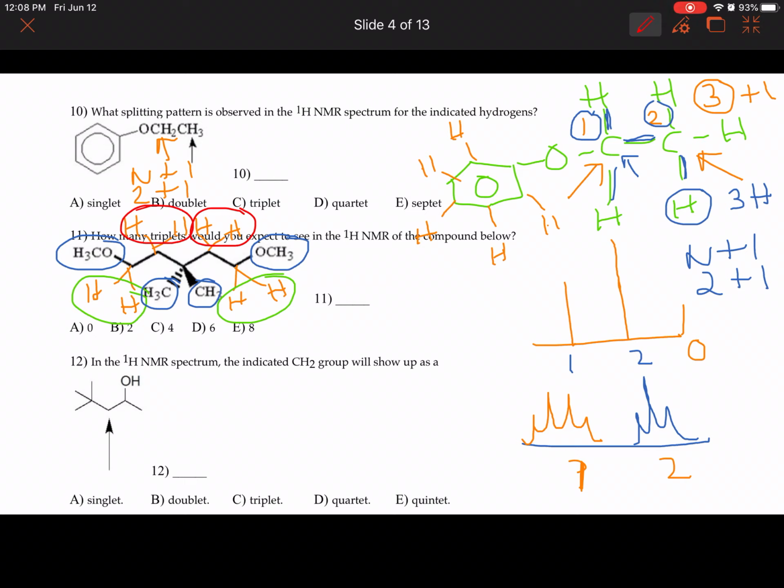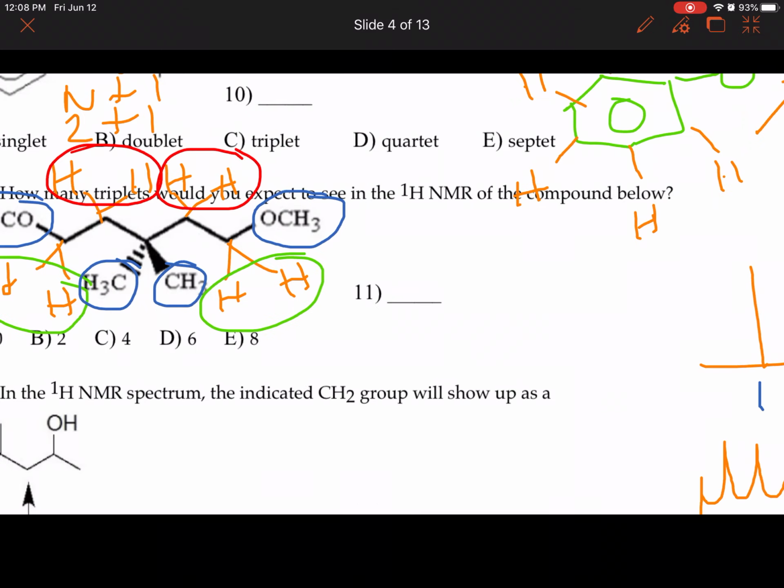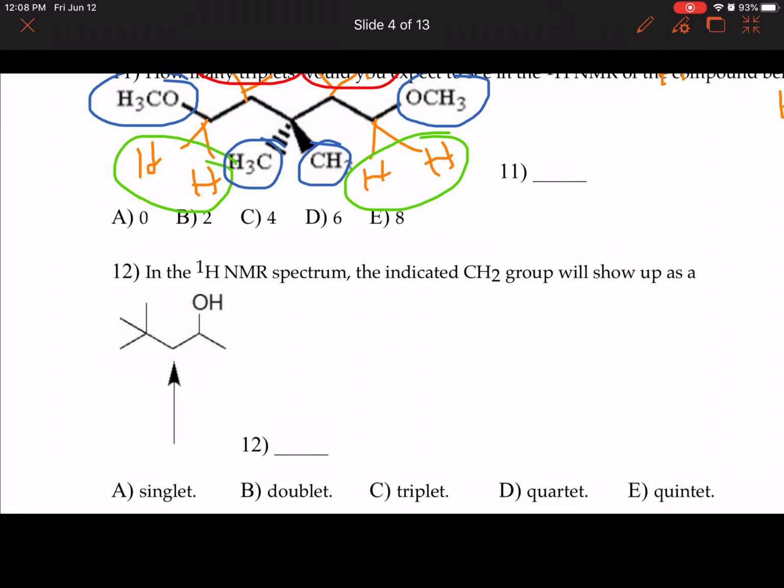Okay. And then the next number 11, in the proton NMR, the indicated methyl group will show up as a what? Again, we are looking at 3-bond coupling. So if you expand this molecule and see what are the atoms that are not showing, there is a hydrogen over here, and then the indicated carbon has 2 hydrogens.